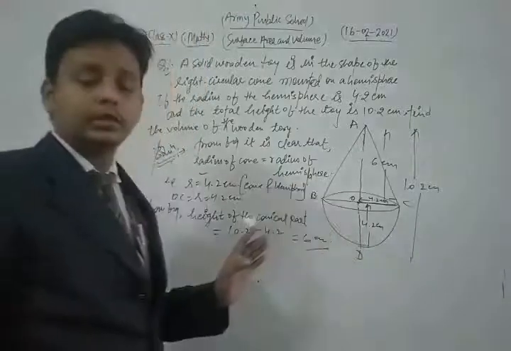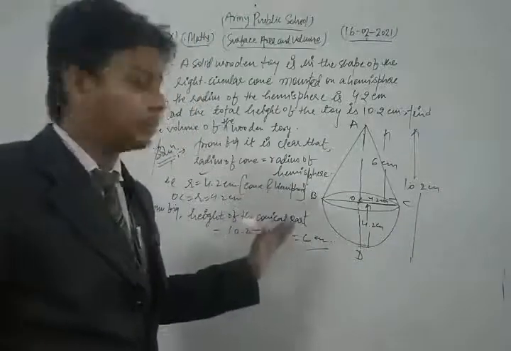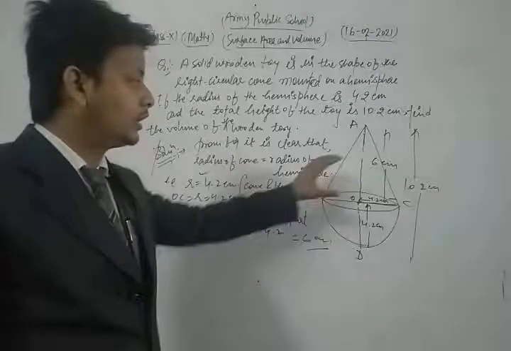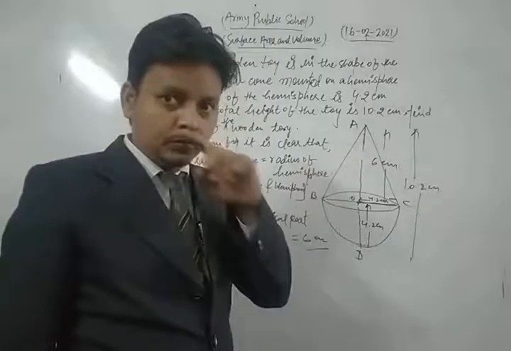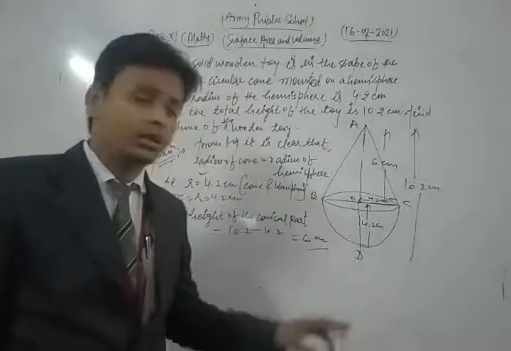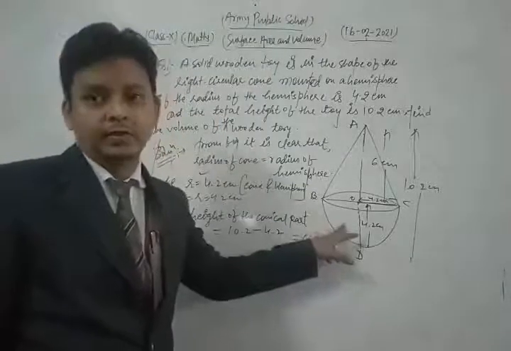Now, thus the volume of the wooden toy is the volume of the cone plus the volume of the hemispherical portion.